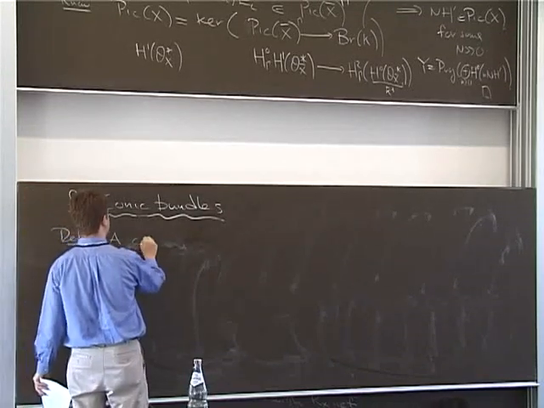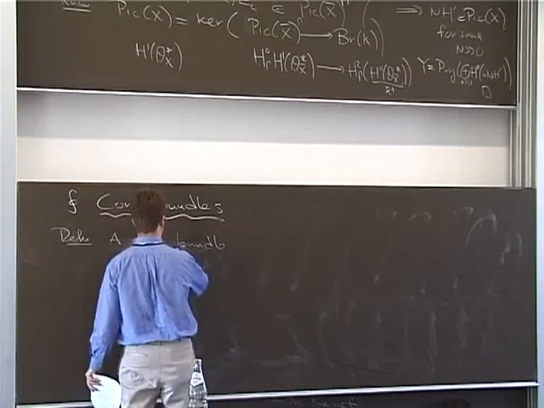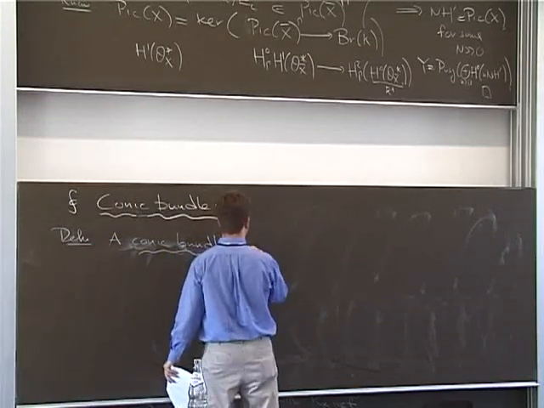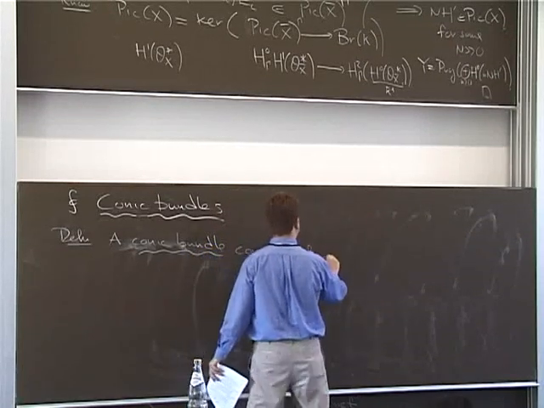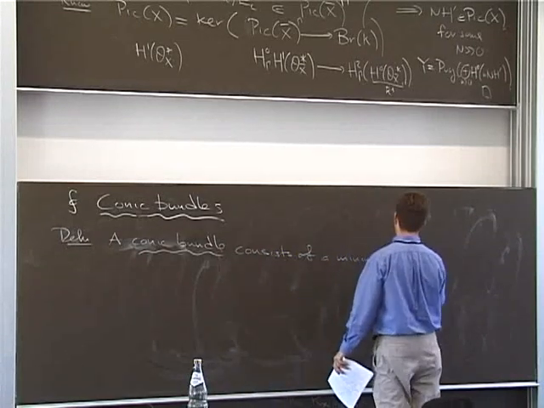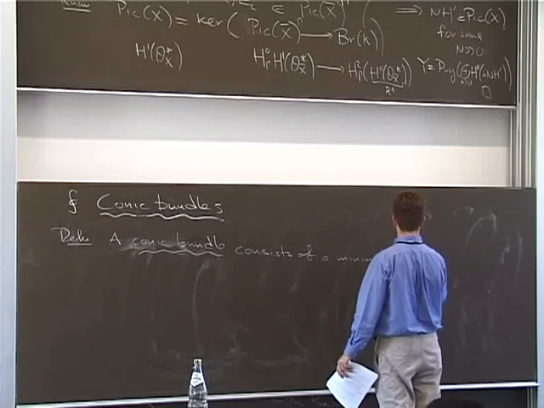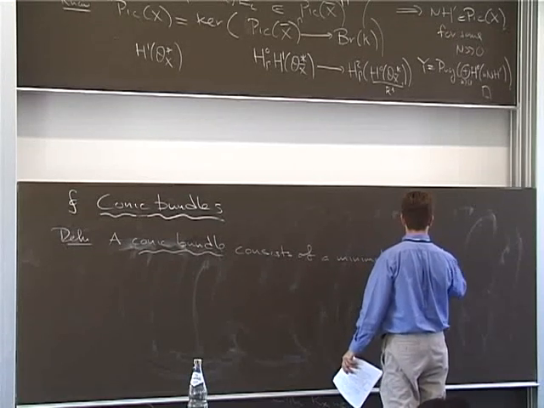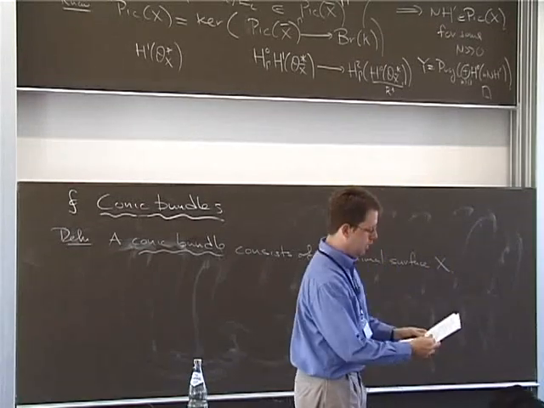So a conic bundle consists of a minimal surface X. So there's a minimal projective rational smooth surface.